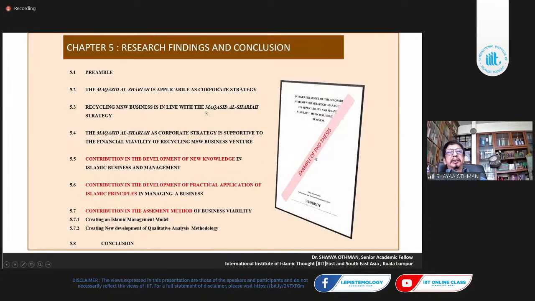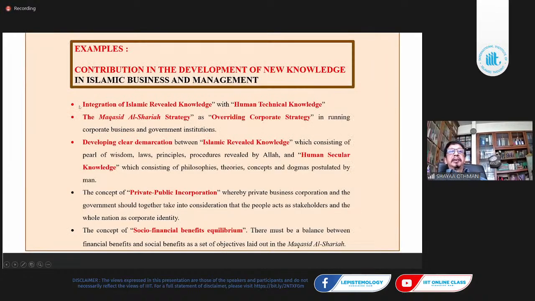Anyway, these are the contributions of the conclusion, the contribution of Shari'ah in terms of study, and the contribution to Islamic business management in new knowledge: Maqasid al-Shari'ah as overriding corporate strategy, human technical knowledge, Islamic legal knowledge, human secularism, private-public incorporation, socio-financial benefit equilibrium.